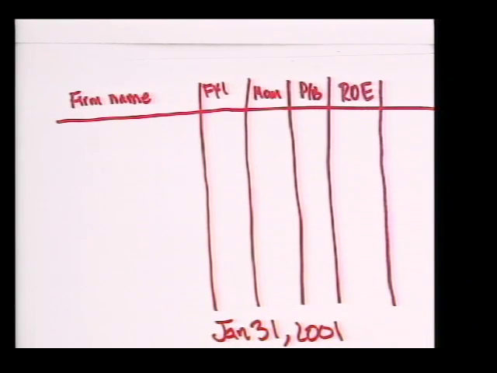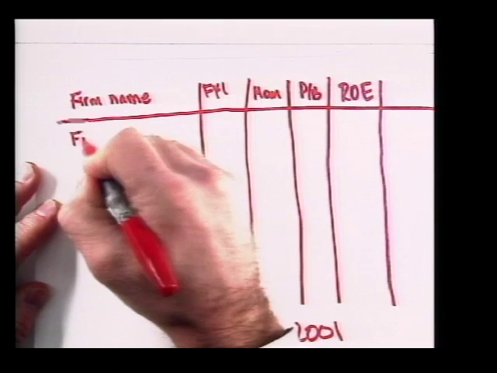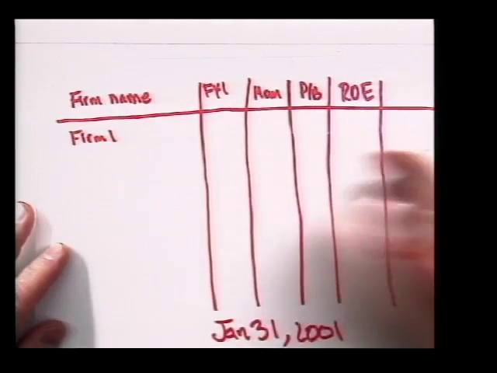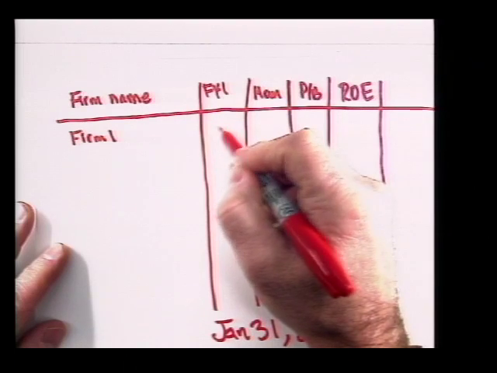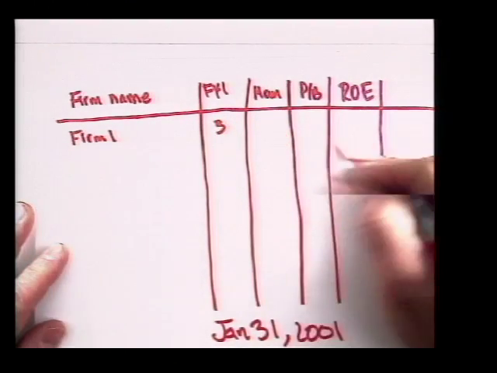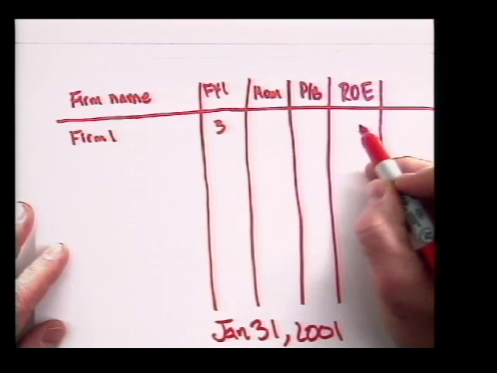Okay? I go firm by firm and tally the scores. So firm 1, maybe it shows up in this portfolio, doesn't show up in momentum, doesn't show up in price to book, doesn't show up in ROE.